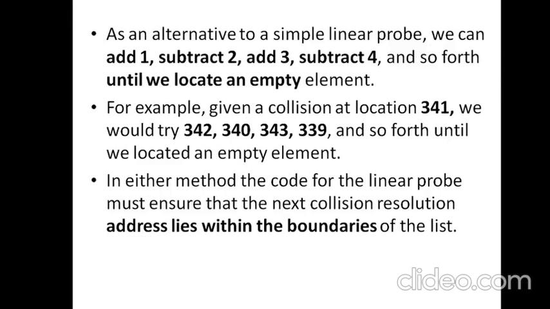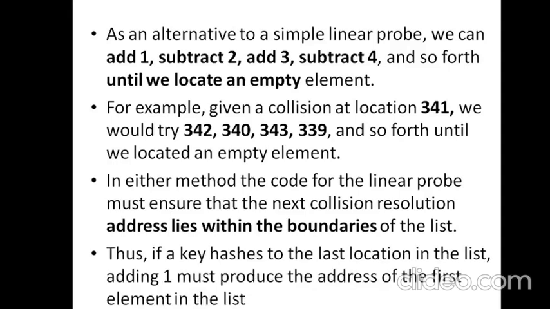In either method, the code for the linear probe must ensure that the next collision resolution address lies within the boundaries of the list. We have a potential problem that has to be taken care of. By incrementing and decrementing, we may go out of the list itself. For example, if the list contains 400 elements and we keep incrementing, it may go to 401 or beyond, so that has to be prevented.